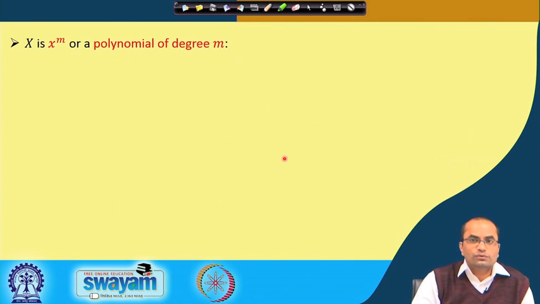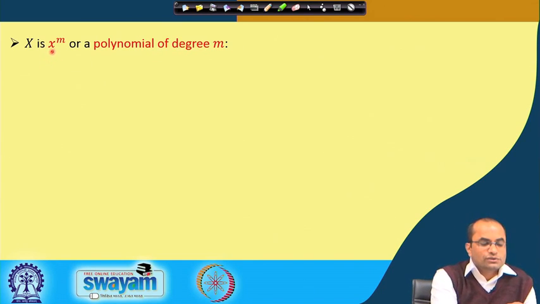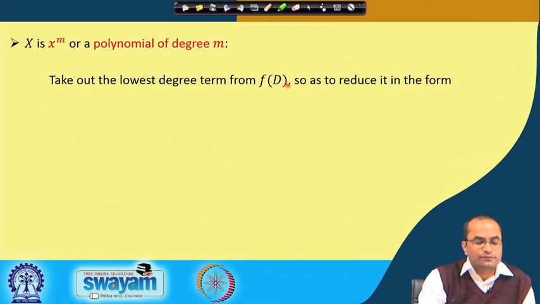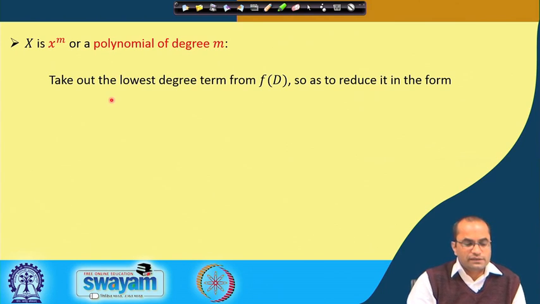There are two more rules frequently used here. We will not go for the derivation, we will just write down the rules. If the right-hand side is x power m, a polynomial of degree m, then how to handle this? The idea will be explained properly with the help of an example.